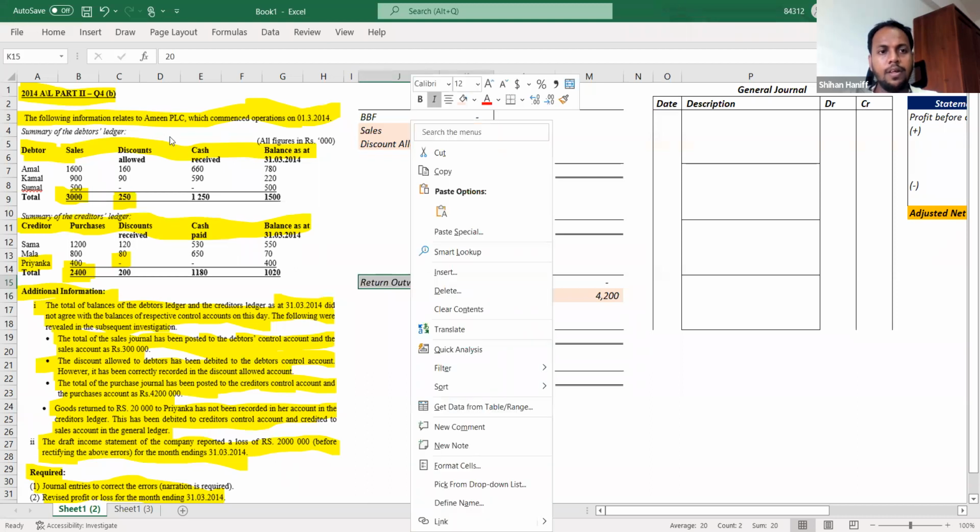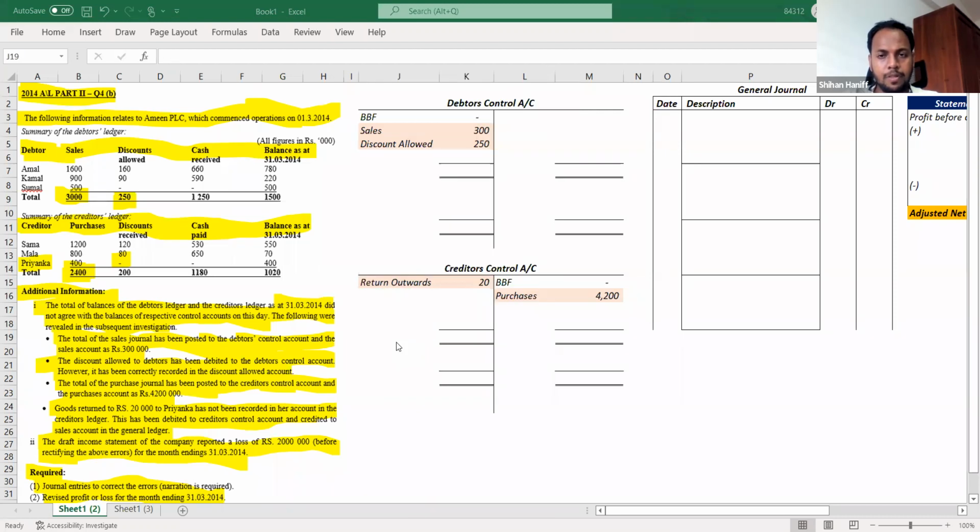But it is not in the debtors ledger. That will make a difference. And credited to sales account. So that we will correct.